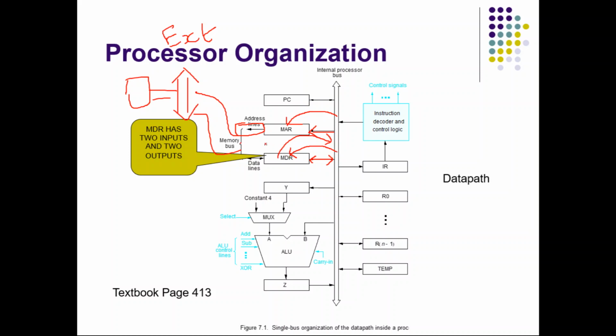If the processor wants to read something from memory, the data will move from MDR to the internal bus. This also is a two-sided arrow.